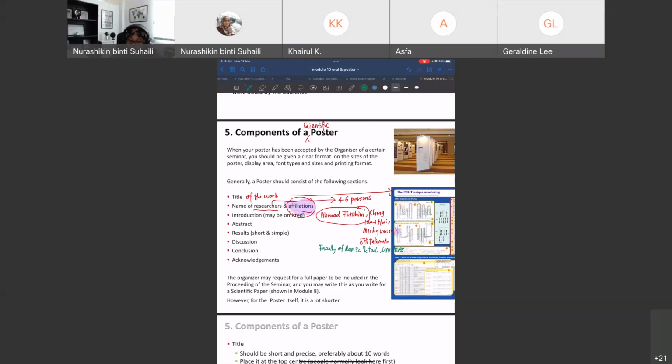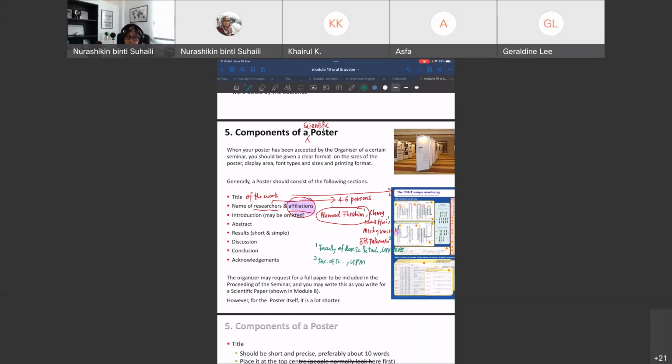You put 1. Chung Hung Hui is 1, Mickey Vincent is 1, Siti Fatimah is 2. So you label 1 for the Faculty of Resource Science and Technology, and 2 for Faculty of Science, UPM, which is the institution of Siti Fatimah. You should label this number.